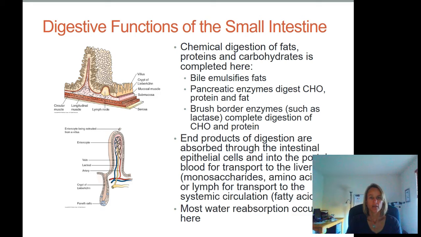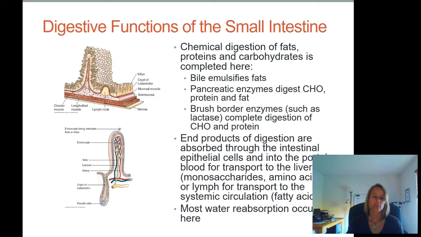Digestive functions of the small intestine. The small intestine is where the bulk of digestion and absorption occurs. In the small intestine, we have the chemical digestion of fats, proteins, and carbohydrates. Bile emulsifies the fats, and then pancreatic enzymes digest carbohydrates, proteins, and fats.